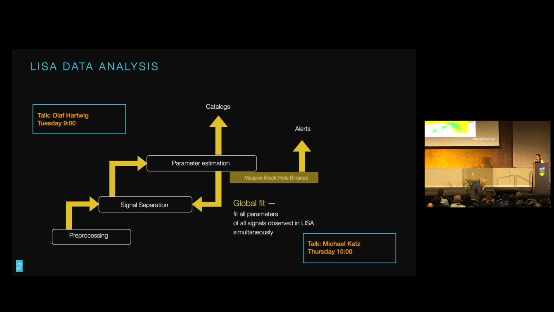So in my presentation, the overall scheme of how we do data analysis can be presented in the following way. First, we have to do pre-processing, because the data that we are going to observe from the interferometers will be contaminated by a high level of laser frequency noise.